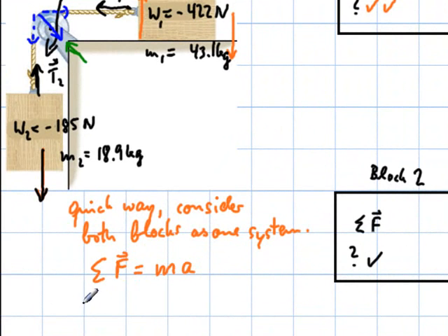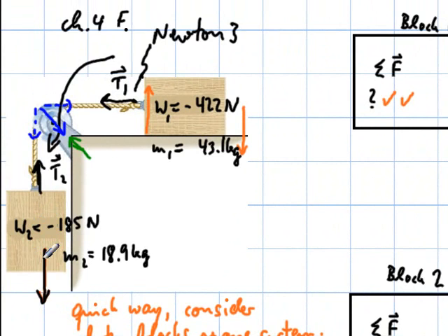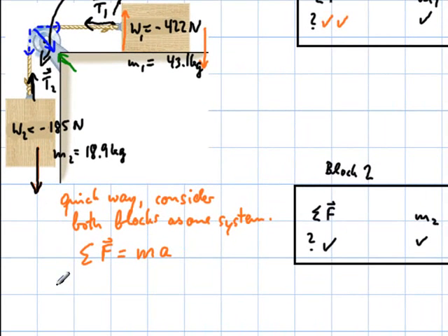And now the sum of the forces, the only force that really accelerates it is the weight. So I'm going to write the weight of block 2. And then what the other two forces are doing, T1 and T2, well, they're going to be equal to each other, so they actually cancel each other out, because T2 is positive, T1 is negative, remember, up and left, and both have the same value due to Newton's third law.